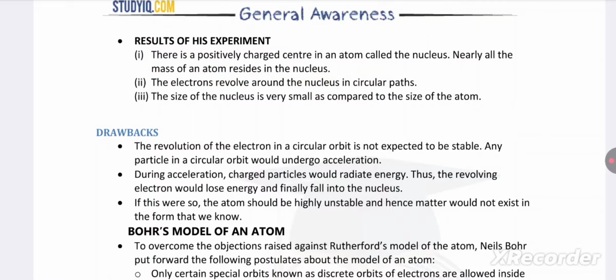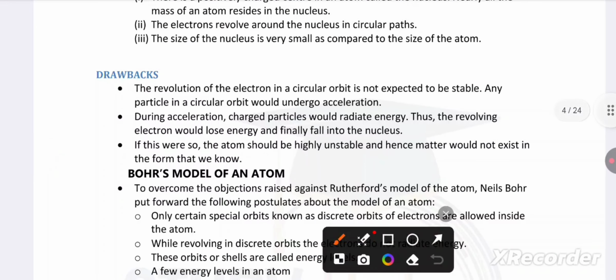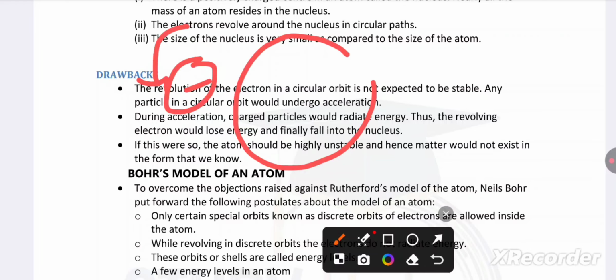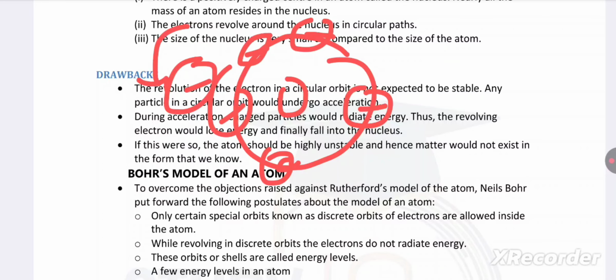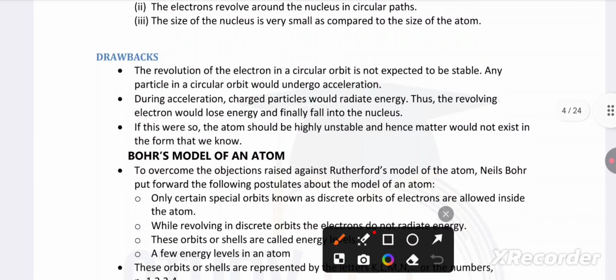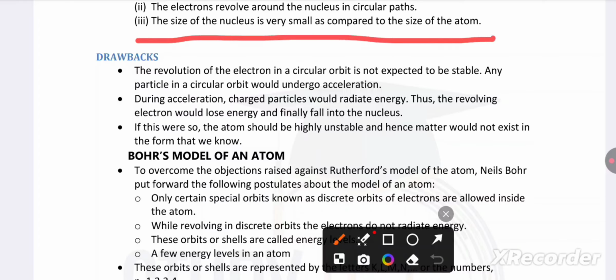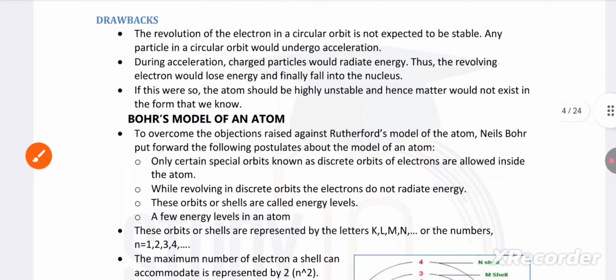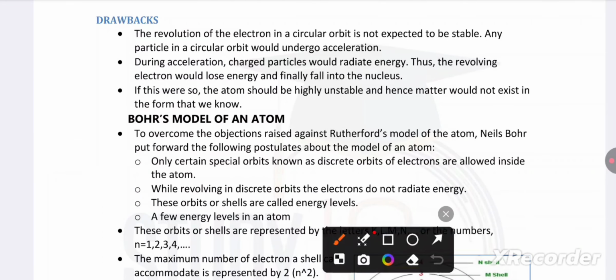Electrons, which are negatively charged, revolve around the nucleus. The size of the nucleus is very small compared to the size of the atom. These are all the results he got. What are the drawbacks? The revolution of the electron in a circular orbit is not expected to be stable.